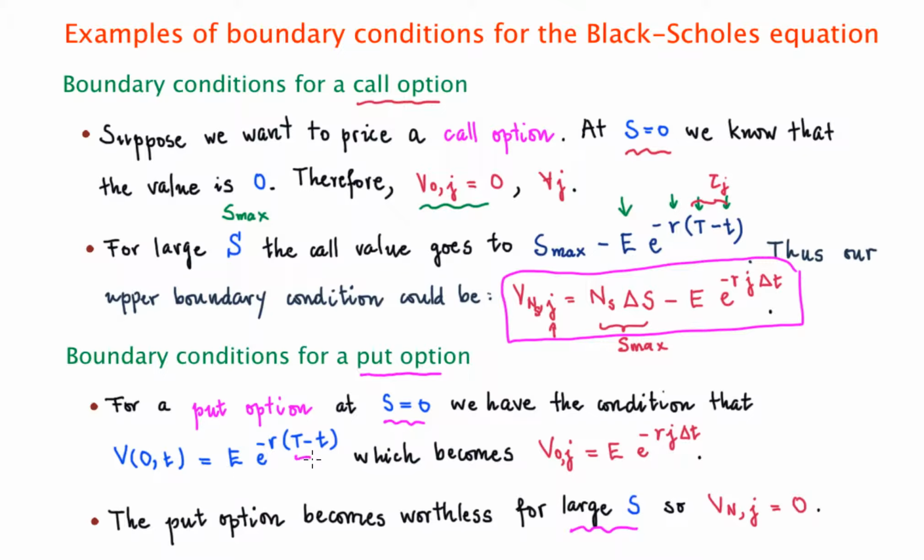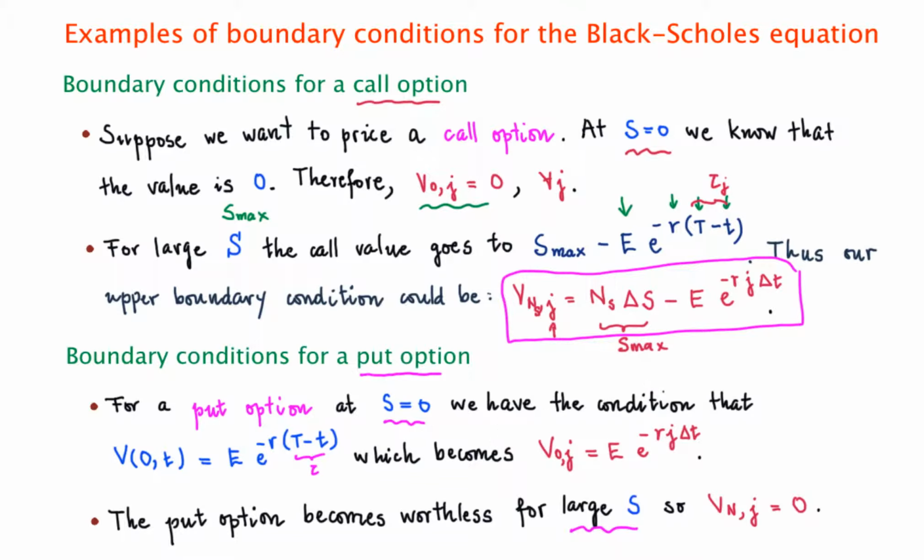Again, this is the tau time, and that implies that these boundary conditions can be written this way. This is the value of the option evaluated at the index corresponding to the S-axis 0 and time j, given by E times e to the minus r tau_j, where tau evaluated at time j is j times delta t.